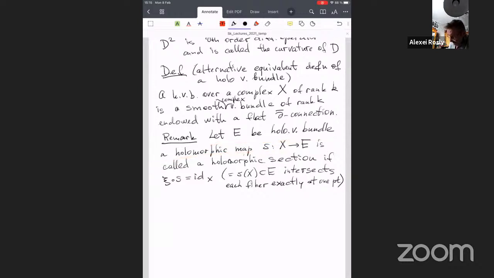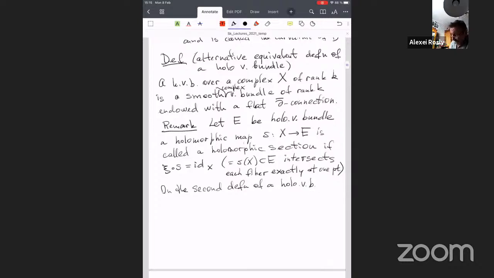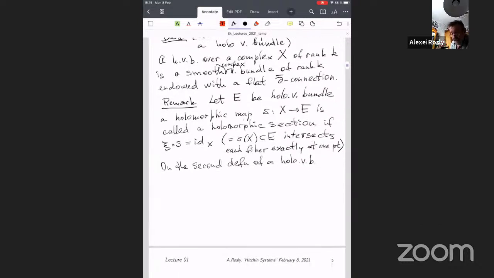So in terms of the second definition, holomorphic sections appear as zero modes of the differential operator, the kernel of the differential operator.